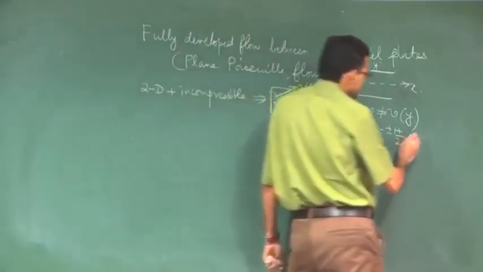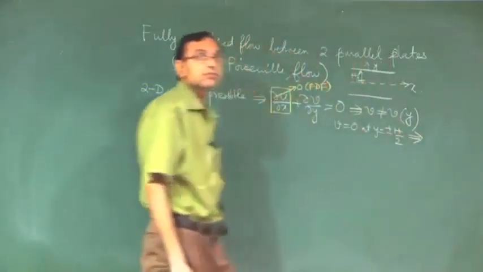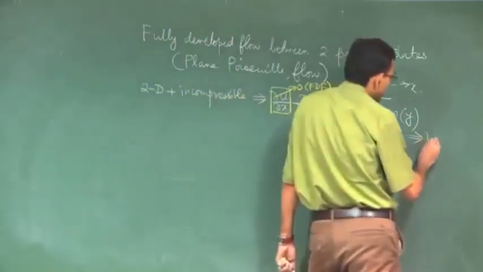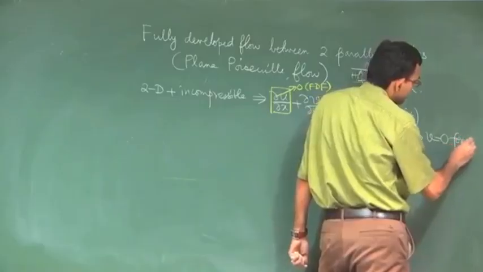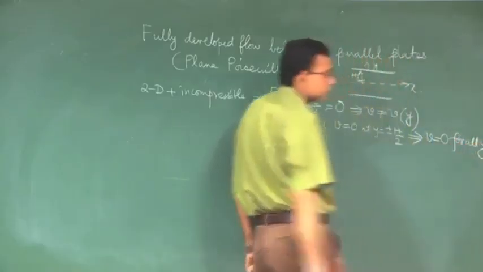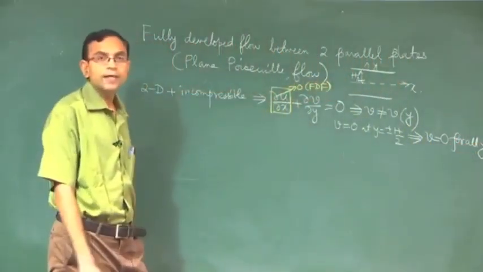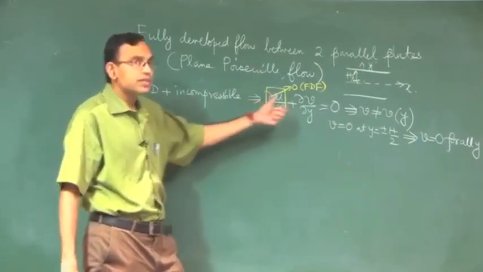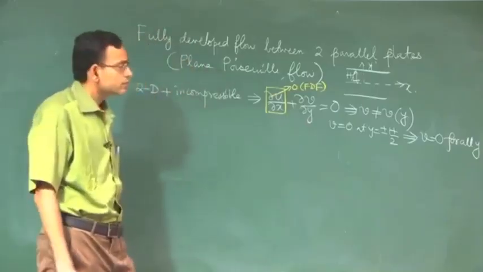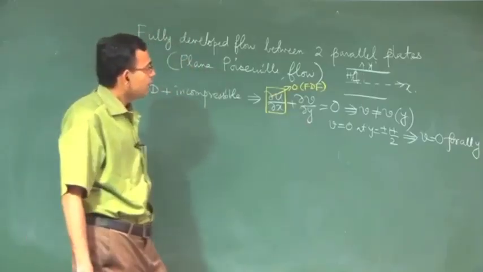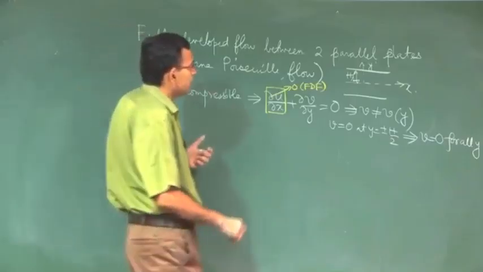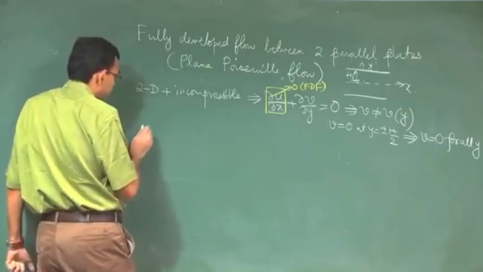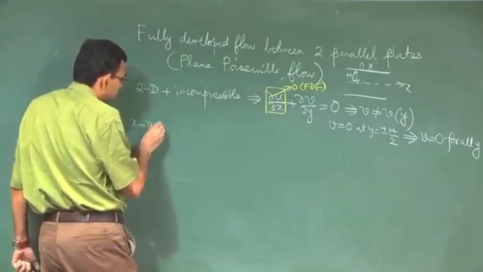So, this means that V is equal to 0 for all y. So, when V is equal to 0 for all y, we can write that in the Navier Stokes equation. So, let us write the x momentum.